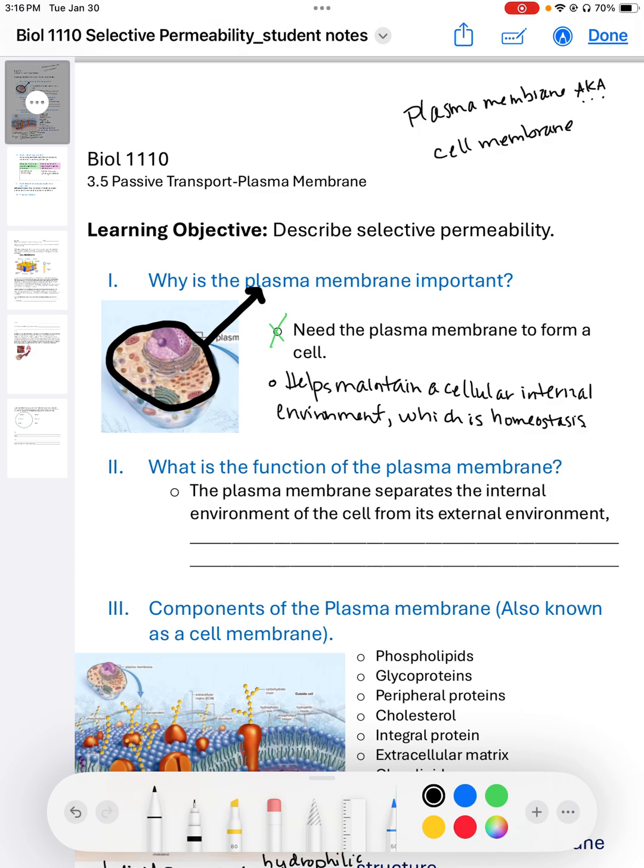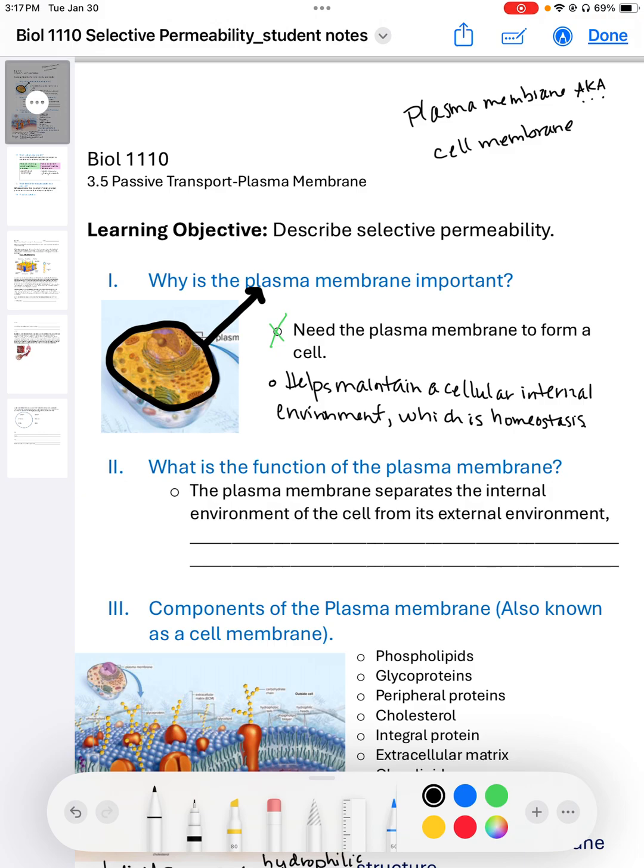So it helps maintain an area inside the cell here, which I'm coloring here in yellow, keeps it at a nice homeostasis level so that all the parts can work correctly inside the cell. So that's what it helps do.